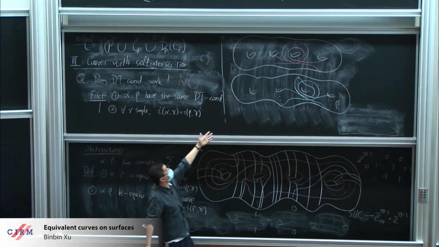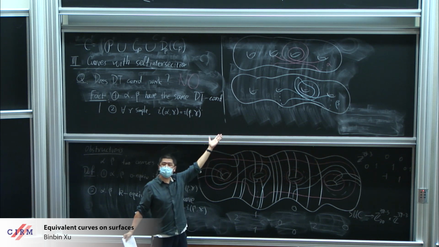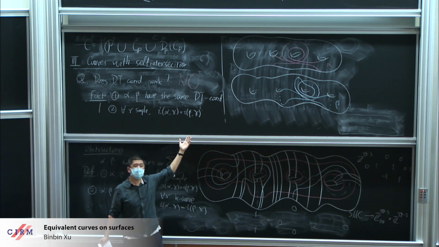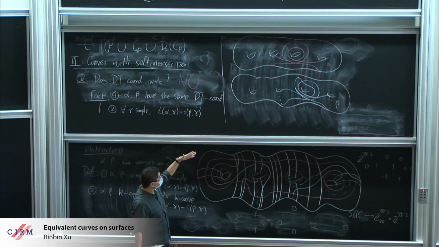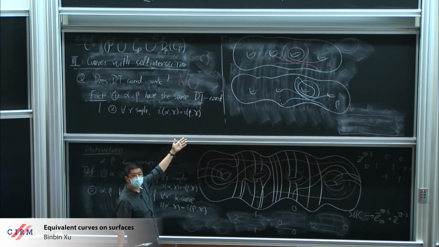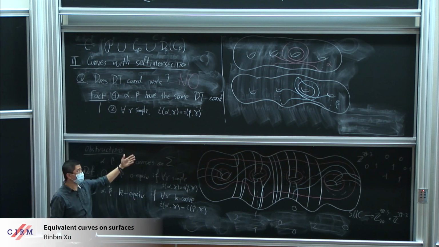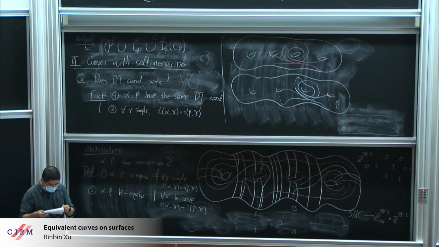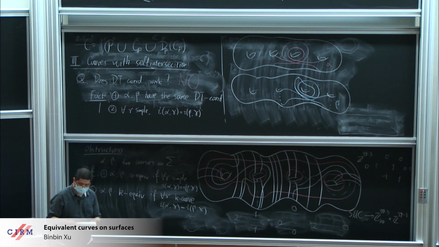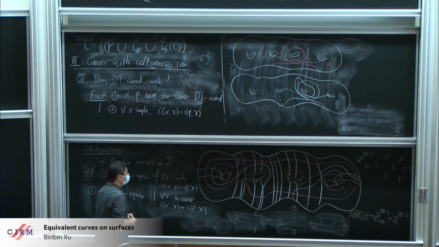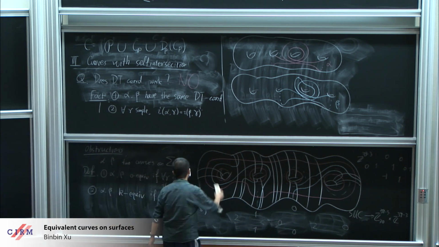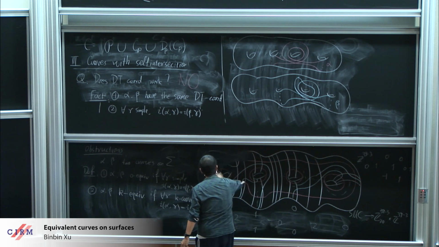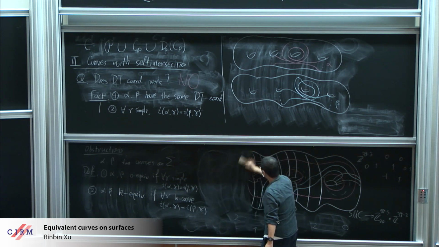And here I draw you a picture to show you zero equivalence exists. In fact, once you understand why this gives you zero equivalence, you can also generalize it to show that k-equivalence also exists. So with this, we can state our main theorem, which concerns the relation among all these equivalence relations.